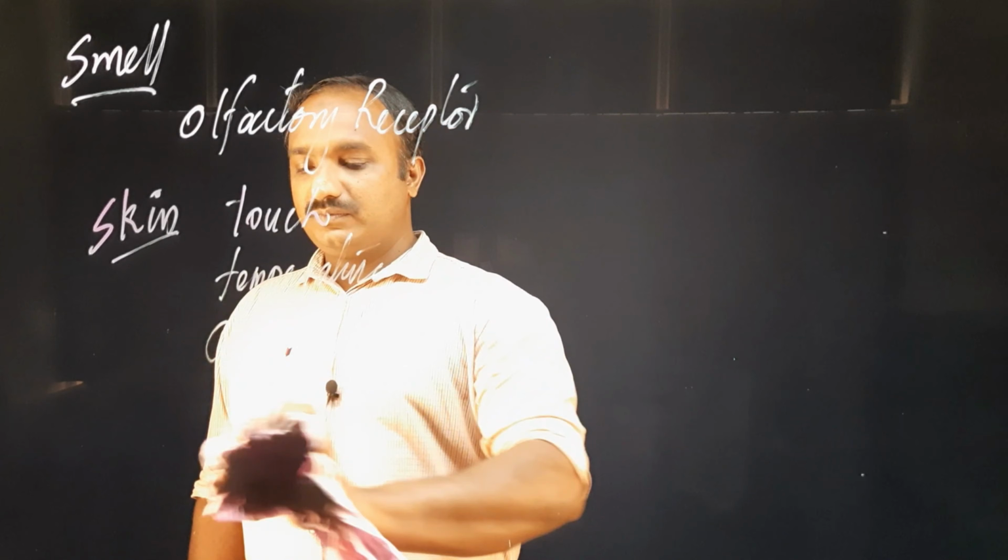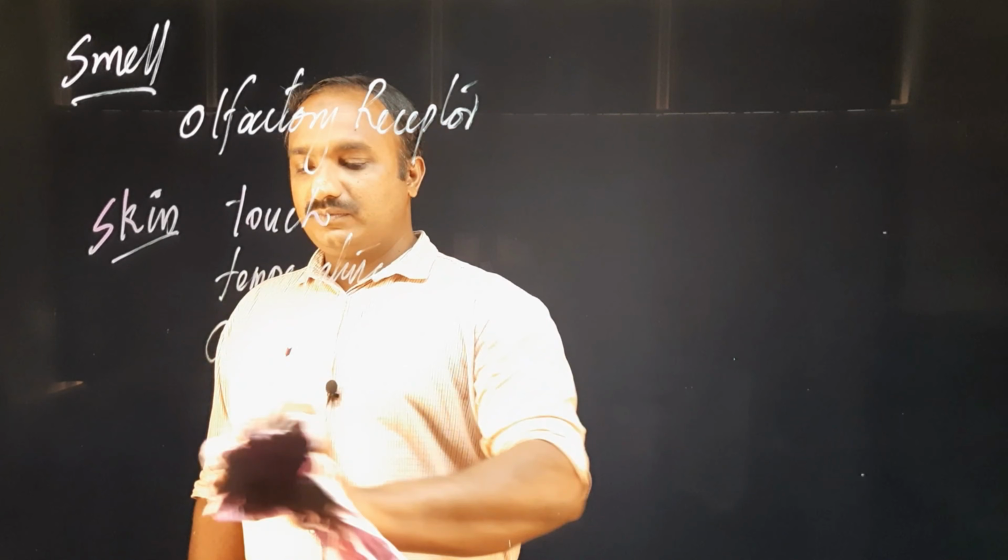Then impulses are carried to the brain by the olfactory nerve. You can say so, or simply say the related nerve. Then it is carried to the cerebrum, and the cerebrum gives us the sense of smell. That is the flow chart.